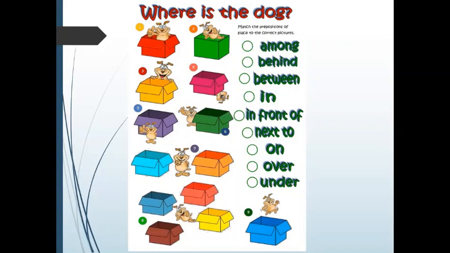The first preposition is among. So which one is among? Number 1, number 2, which one? Number 8. It is among the boxes, right? Behind. Which one is behind? Number 3, right? Which one is between? Between. Number 7. Which one is in?